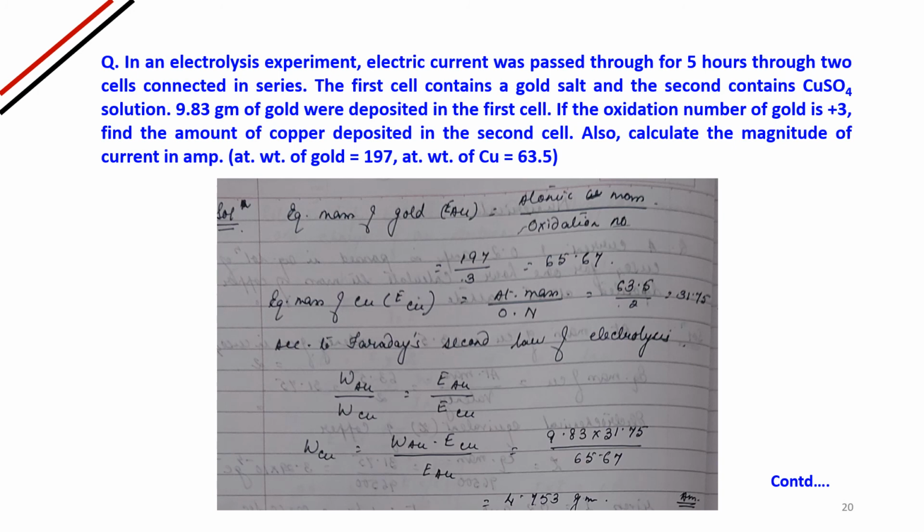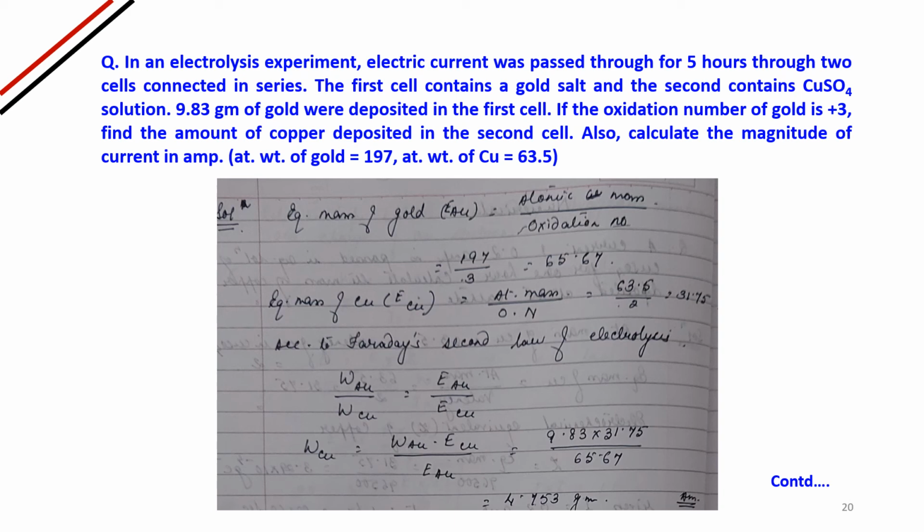Next numerical. In an electrolysis experiment, electric current was passed for 5 hours through 2 cells connected in series. The first cell contains a gold salt and the second contains CuSO4 solution. 9.83 gram of gold were deposited in the first cell.